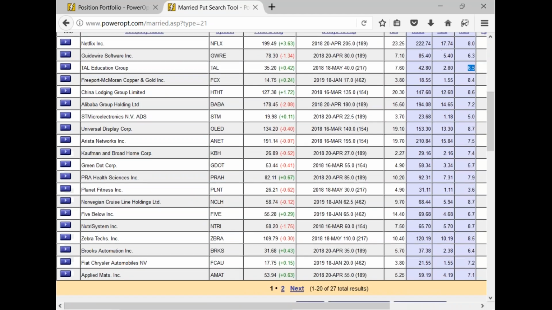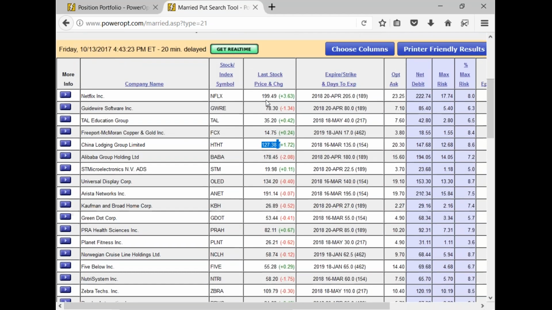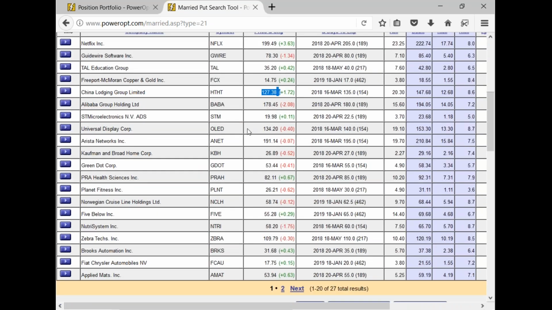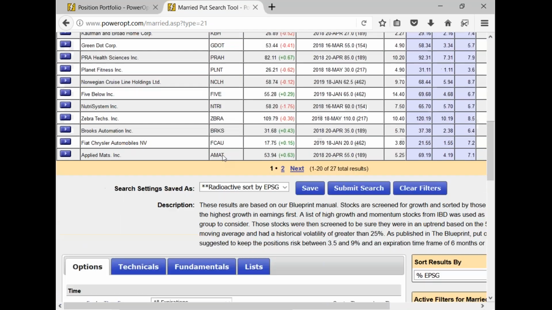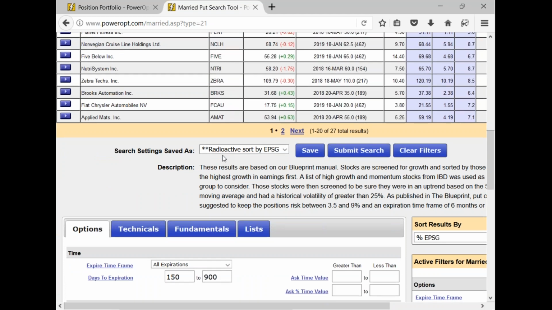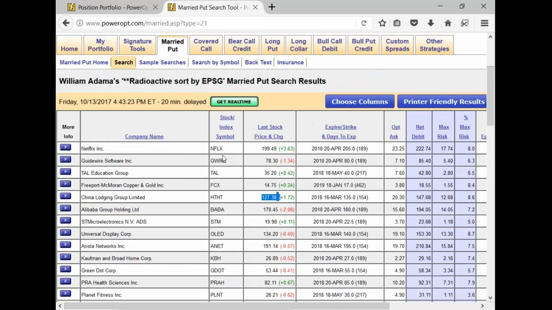That was one. Some of these were negated for me. Alibaba's out, China Holdings out because of my account size. I don't go higher than about $75, $80 per share. But these default search criteria are what Ernie and I select from when we're opening a married put.